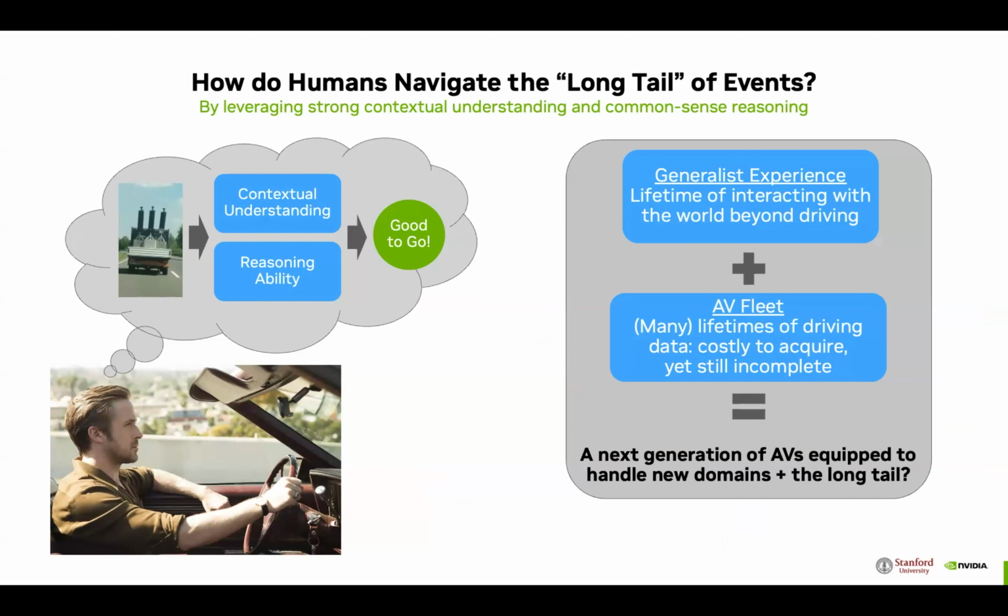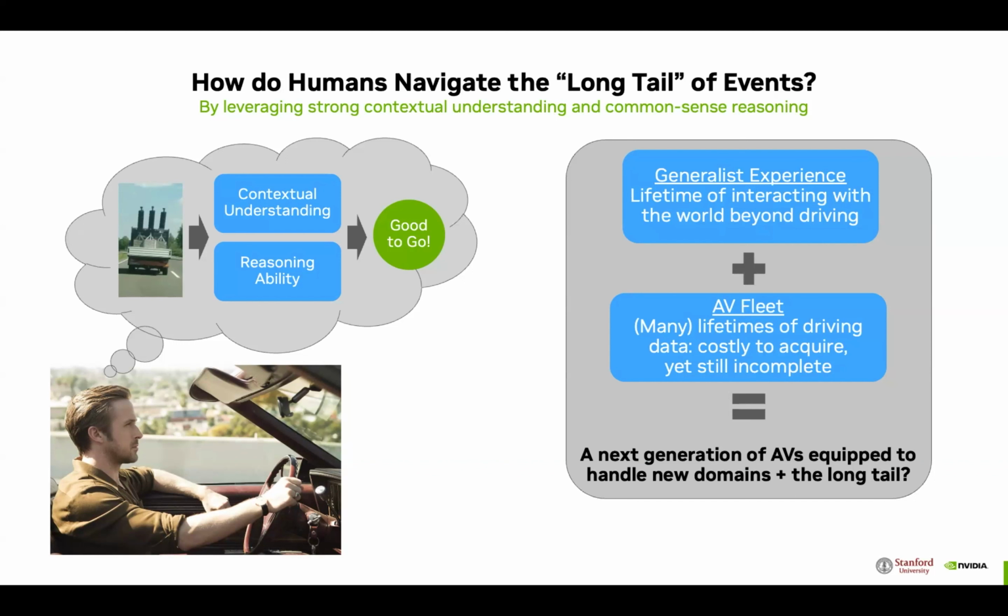To appreciate this point, I often say that it's interesting to make a parallel with how humans navigate the long tail of events when driving. We, as humans, bring to the task of driving a lifetime of generalist experiences that endow us with a contextual and semantic understanding of the world that allows us to deal with difficult cases.